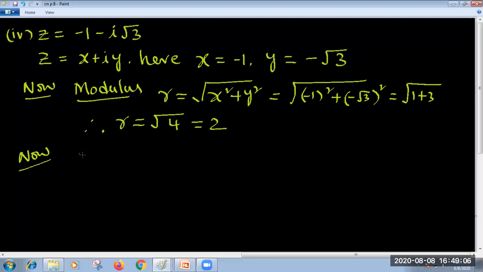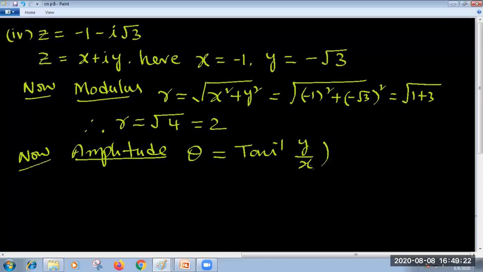Now let us find the amplitude. Amplitude is theta, that is equal to tan inverse y by x. So now, substituting y, x values, tan inverse, y value is minus root 3 and x value is minus 1.